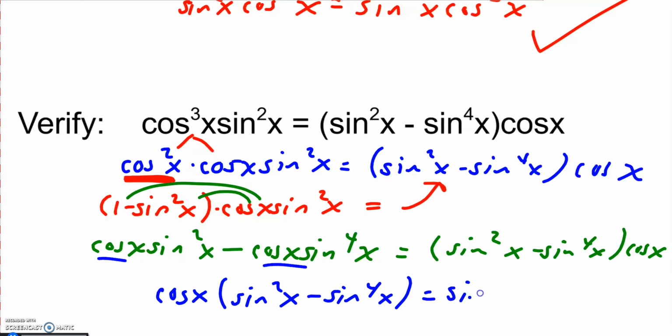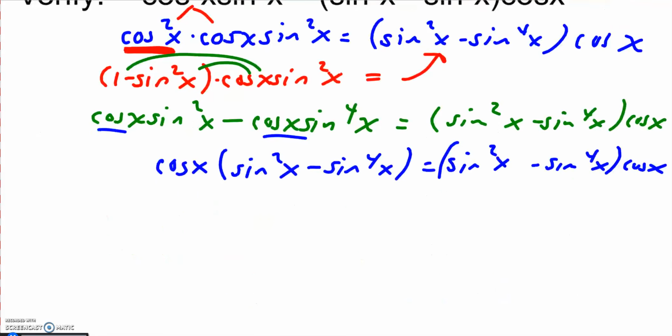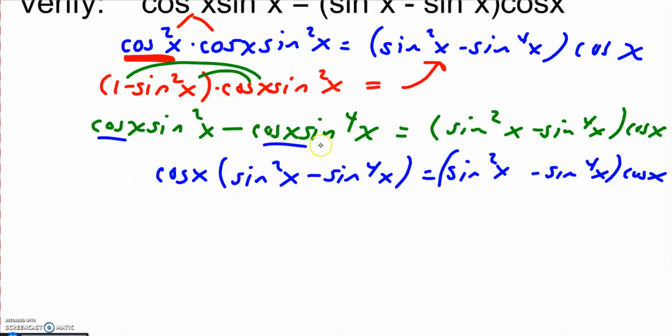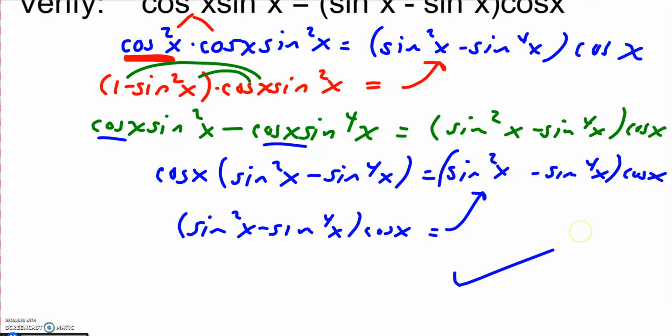So now my two sides are equal. And if you wanted to even take it a step further, this original side had cosine in the back, and so you could rewrite this as sine squared x minus sine to the 4th x times cosine x equals the same side. So this would be verified as well.